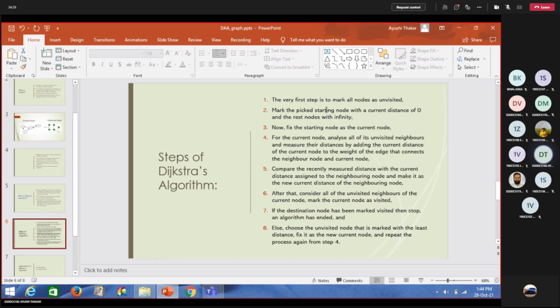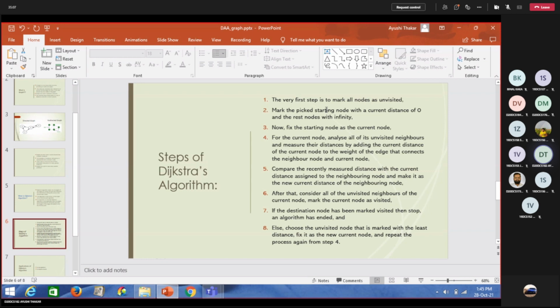Then the current node analyzes all its unvisited neighbors and measures their distance by adding the current distance. After that, compare the recently measured distance and the current distance of the neighboring nodes, and the new current distance will be set. Then consider all the unvisited neighbors of the current node and mark them as visited nodes.